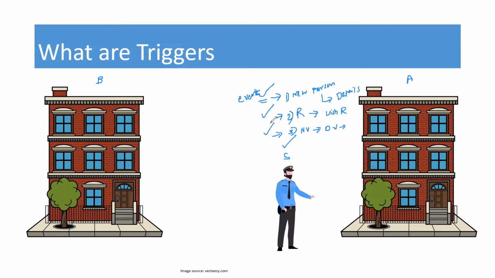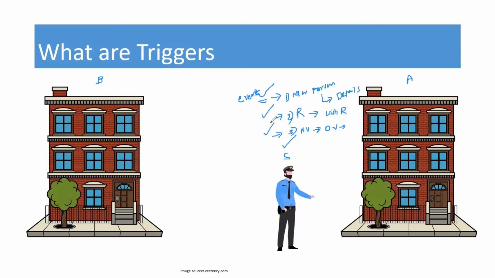Another event that we have talked about is a new vehicle entering into the building. Since there is a new vehicle entering, the watchman's role is to make sure that the security of the building is intact. So he needs to make sure that the new vehicle entering the building is a normal vehicle and is not there for creating chaos.